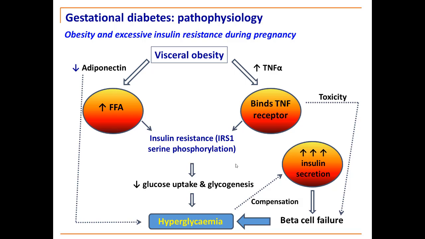But like I said, this mechanism is pretty much the same because it's all about visceral obesity. This is exactly the mechanism that occurs in type 2 diabetes mellitus. But it also occurs in gestational diabetes, which is type 2 diabetes mellitus during pregnancy.